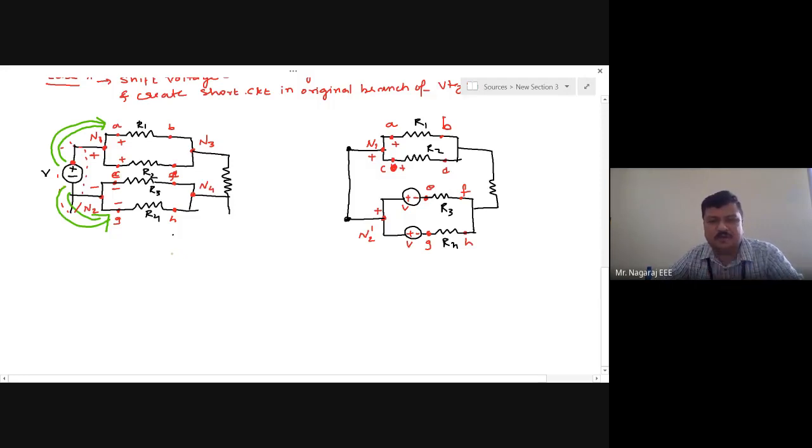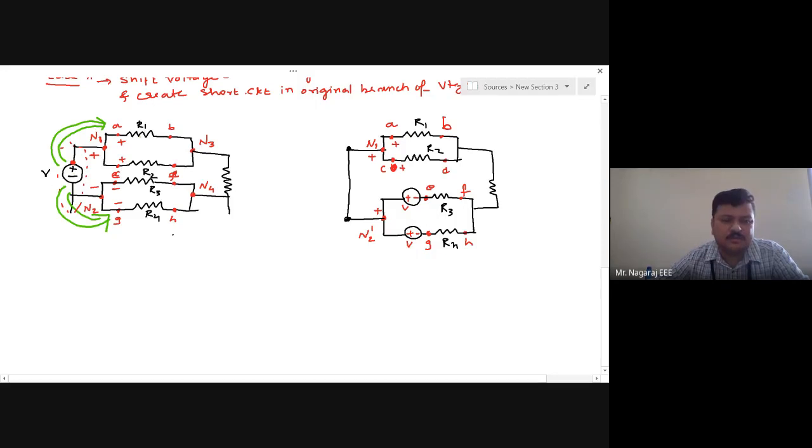Have we done the same thing here in case 1 and case 2? I am simply making that source travel ahead of the node and creating a short circuit in the branch. If I connect wheels to this source and simply make it travel beyond the node, it will go onto this road and this road in the same direction.